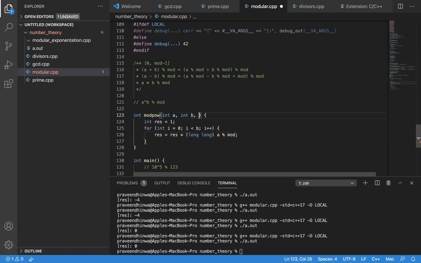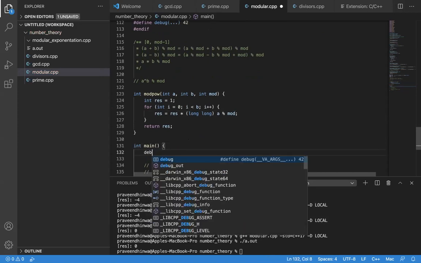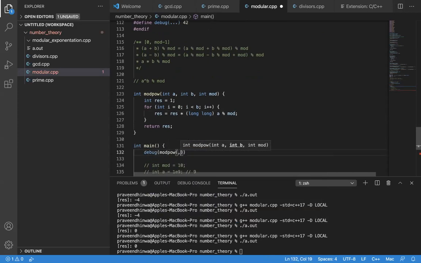Let's pass mod as well, and you say return res. Fine. And you say, let's say, debug of mod power of, let's say a is 10, b is 2, and let's say 50.